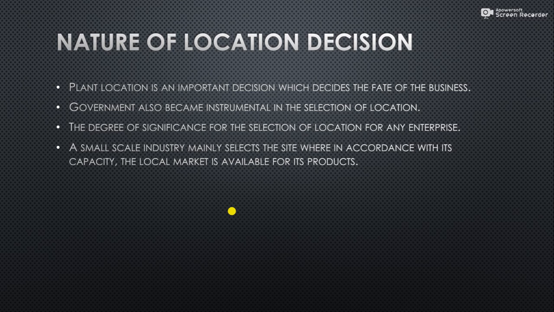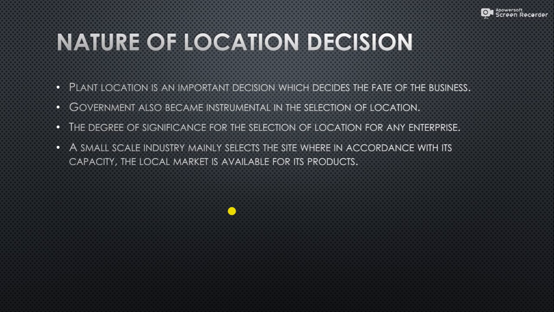Next is the degree of significance of selection of location of any enterprise. It mainly depends on its size and nature. Sometimes the nature of the product itself suggests some suitable location also.